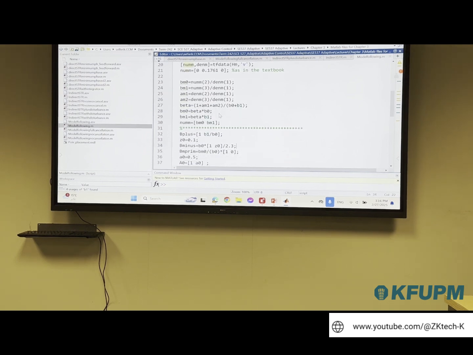Then I compute what should be B plus and what should be B minus.